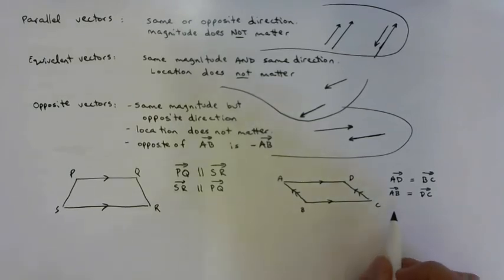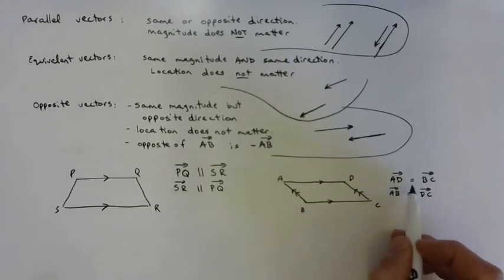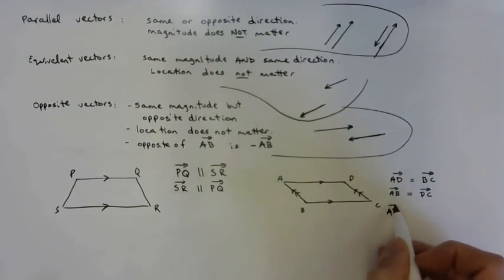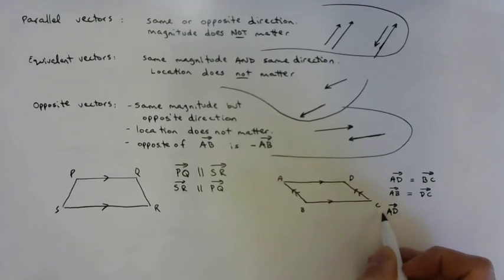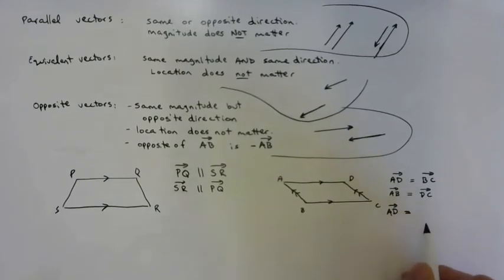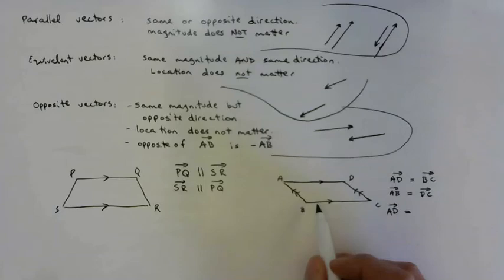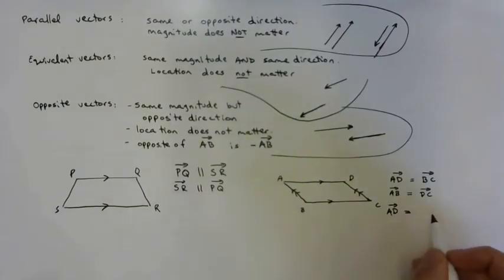And one other thing that we might want to note in this section, using this same example, because AD is equal to BC, it's also true that AD is equal to, if we looked at this vector backwards from C to B, negative CB.